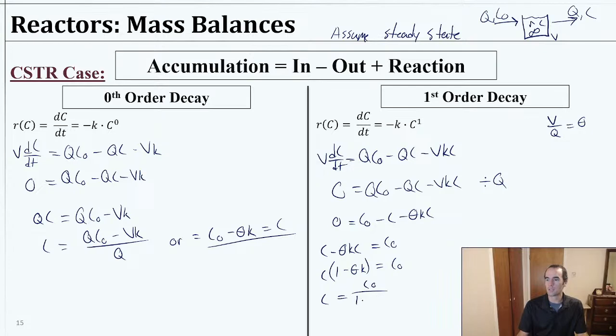Another common thing that you might want to solve for would be maybe the ratio of C divided by what you started with, right? So this would be 1 over, and I just realized I think I have a mistake somewhere, because this should be 1 plus theta K.